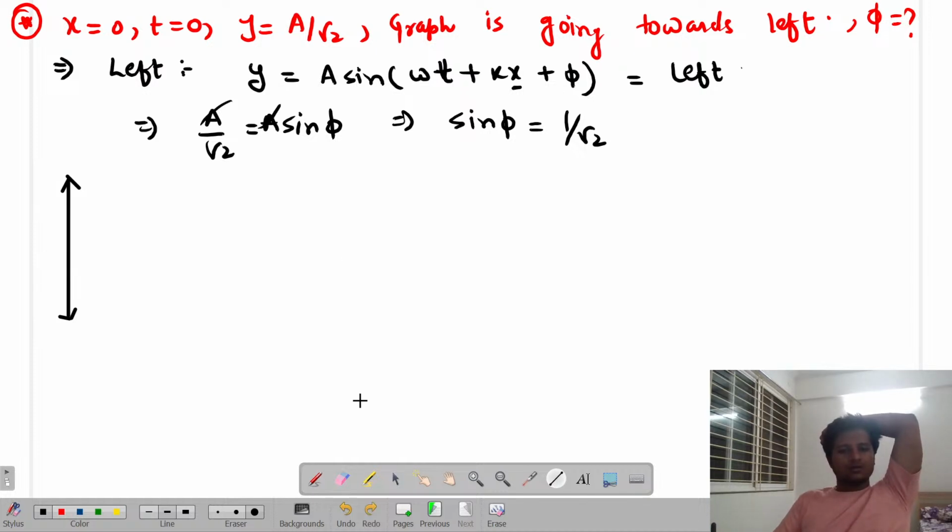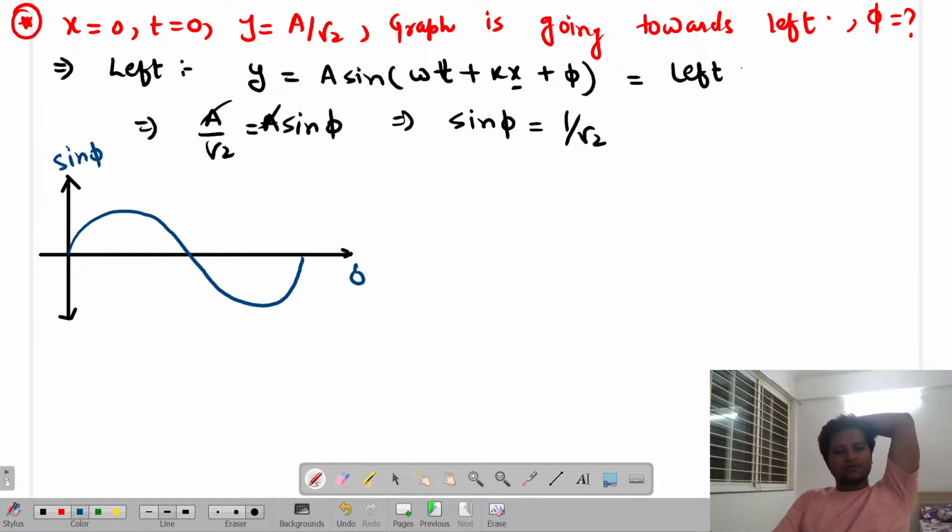The third step is simple. Just draw the sine graph with respect to phi, and draw the horizontal line for 1 by root 2. You'll see that there are two intersections possible for 1 by root 2.